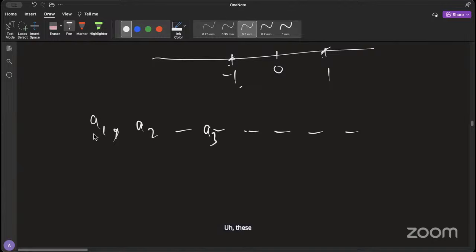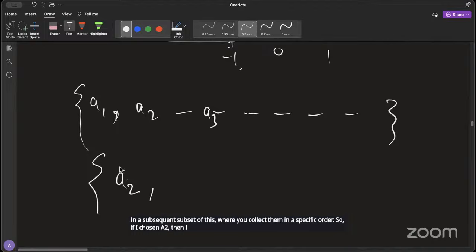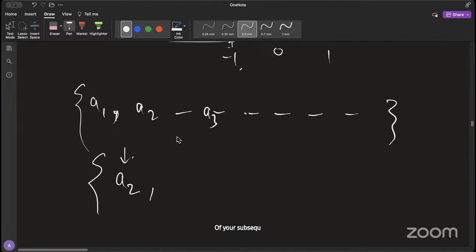A subsequence is a subset of this only, where you collect them in a specific order. So if I've chosen the first term of my subsequence to be a2, then the next one I should choose is either a3, a4, or something greater. That means I can't choose a1 here.